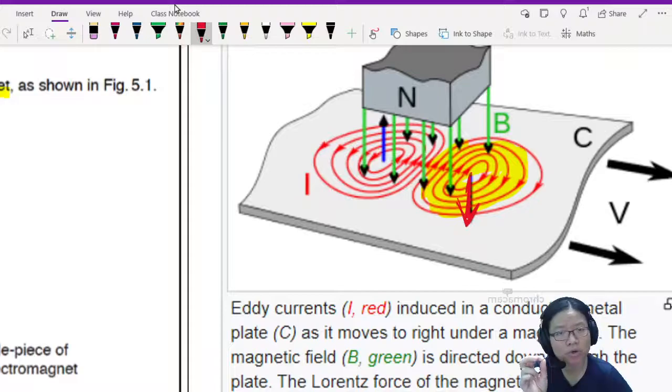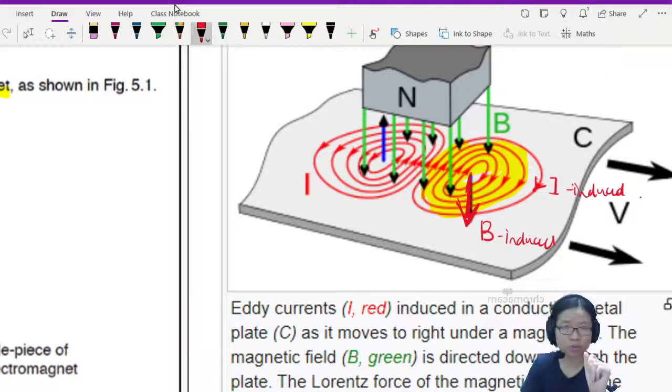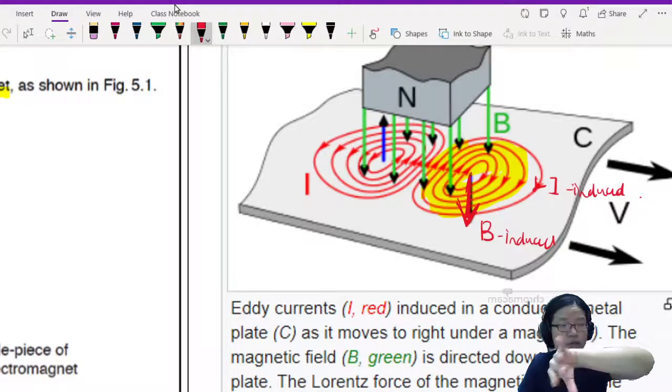Miss, how do you know this B induced due to this I induced is going downwards? Well, we use the right hand grip rule, right? So when you use your right hand grip rule, we follow this.